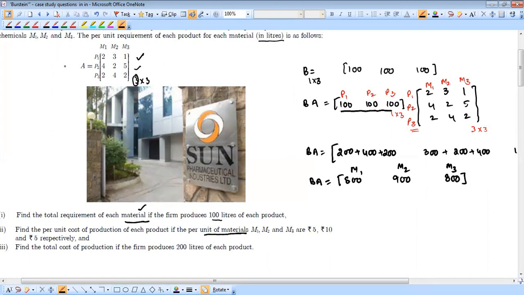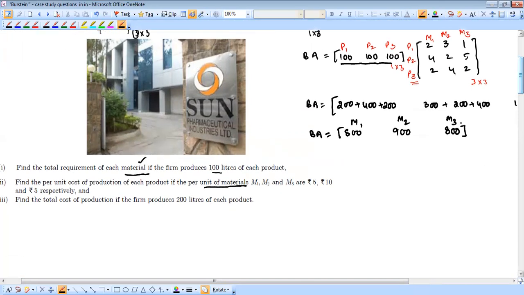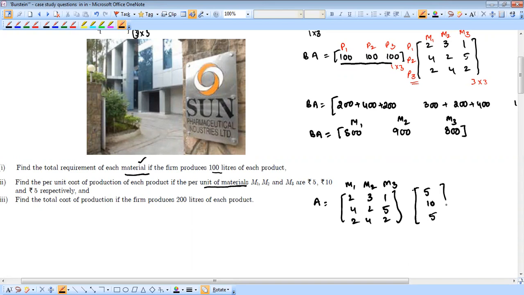We are going to use this matrix. It is given unit materials, so let us take the matrix again. A is equal to 2, 3, 1, 4, 2, 5, 2, 4, 2. They said clearly materials M1, M2, M3, and the cost is given as 5, 10, and 5.